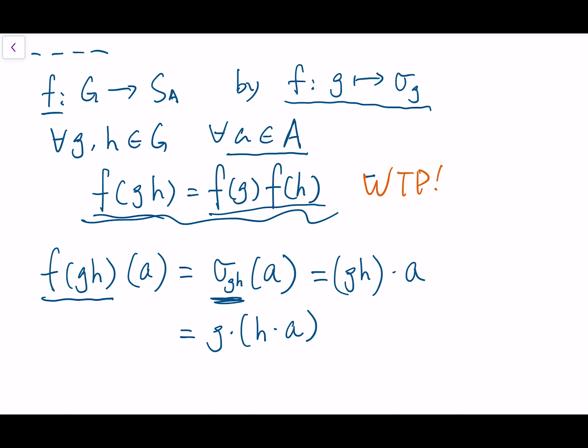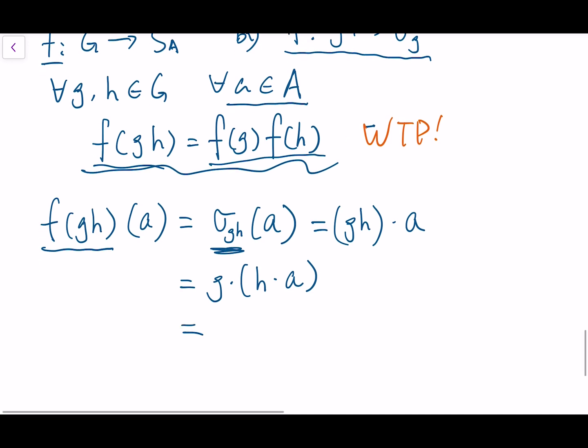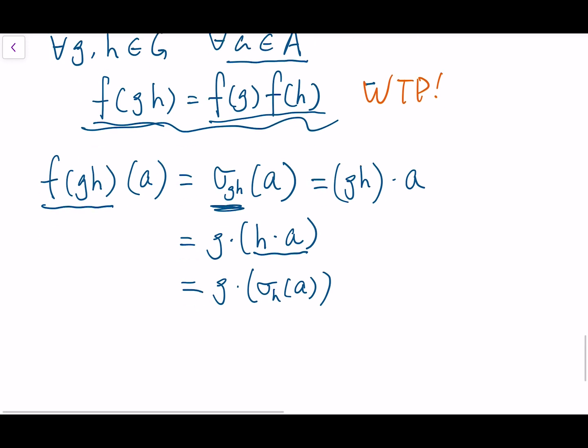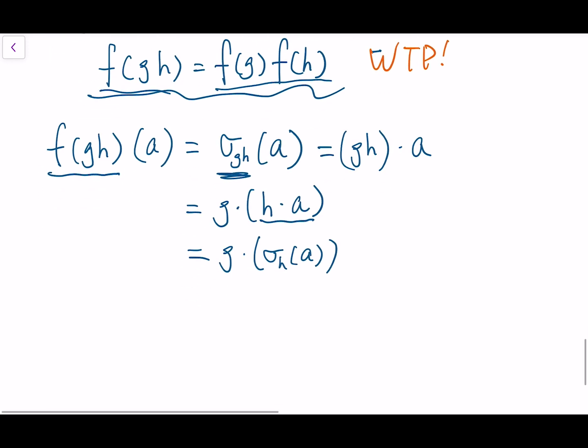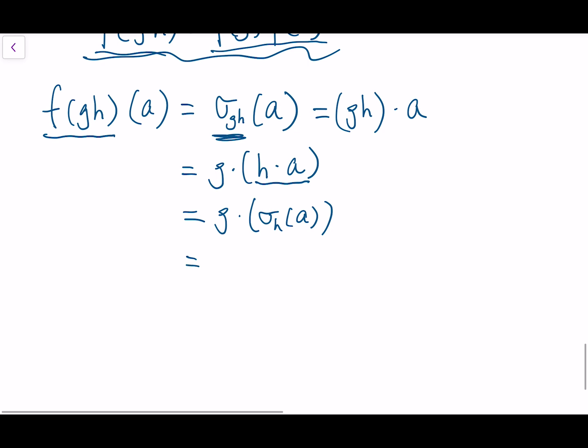And g act on h act on a is actually g act on sigma h map a, due to the definition of group action, and then g act on this one is equal to sigma g map this part.